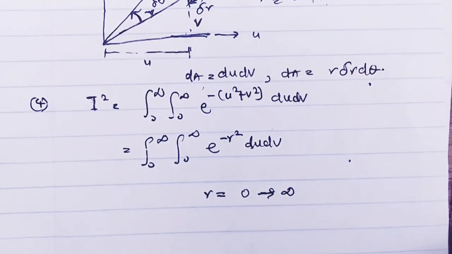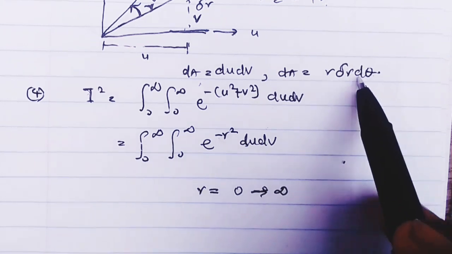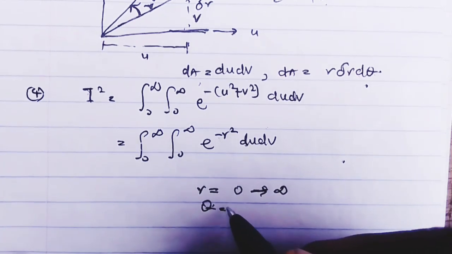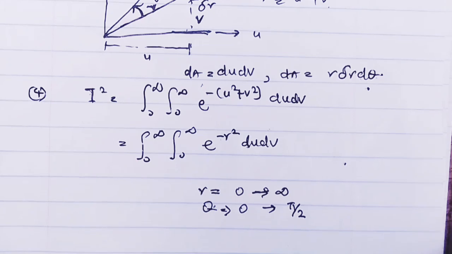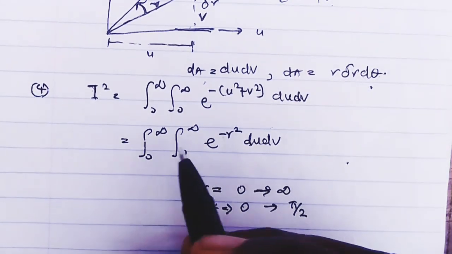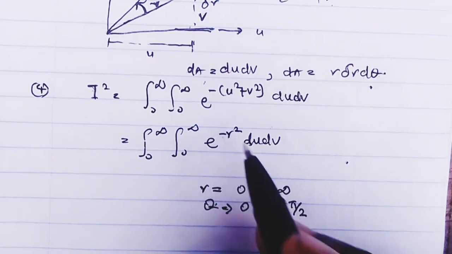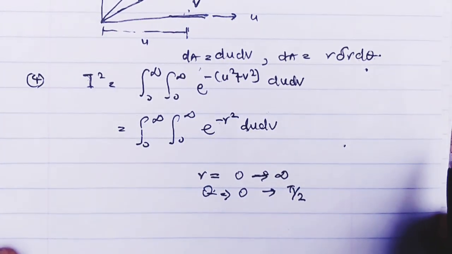But since theta is a polar coordinate, theta will be limited from 0 to pi over 2. So instead of using 0 to infinity two times, we'll be using 0 to infinity for the r variable and 0 to pi over 2 for the theta variable.